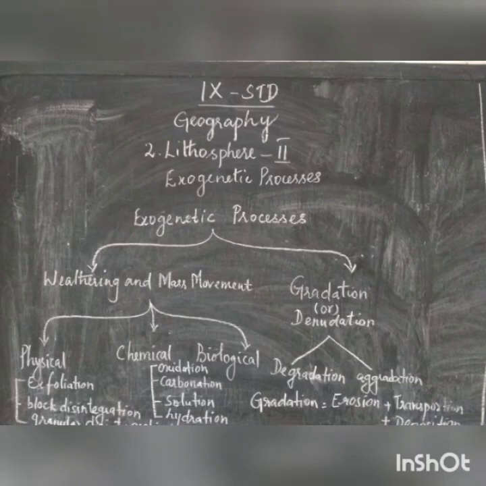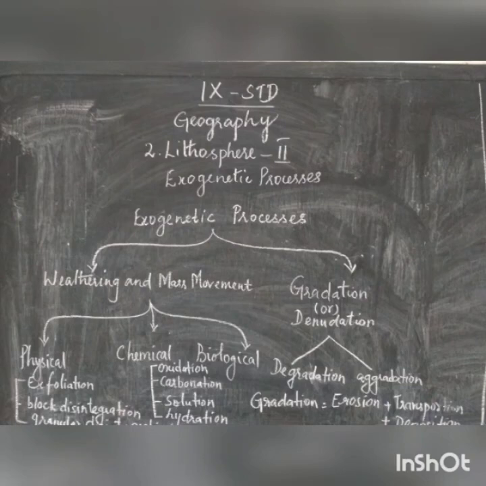The constant freezing and thawing of rocks during the night and day leads to the expansion and contraction of rocks. Cracks are formed and disintegration occurs eventually. Examples: exfoliation, block disintegration, granule disintegration, etc.